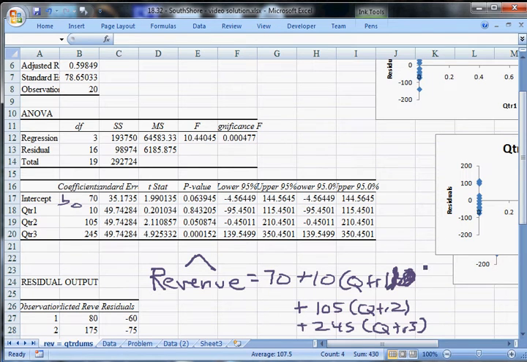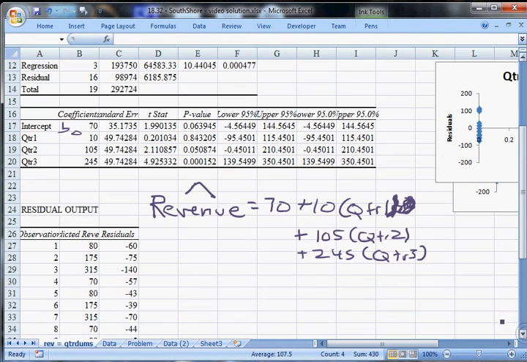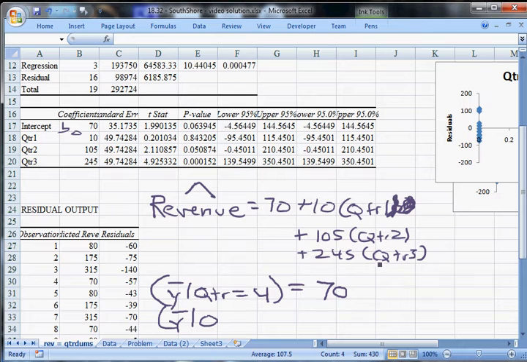What this is saying, if you recall, is that this is equivalent to saying that y bar, given that quarter equals 4, is going to be 70, right? For quarter equals 4, all the dummies are 0. That's why that turns out to be the case. For quarter equals 1, it's going to be 80, because it's 70 plus 10.